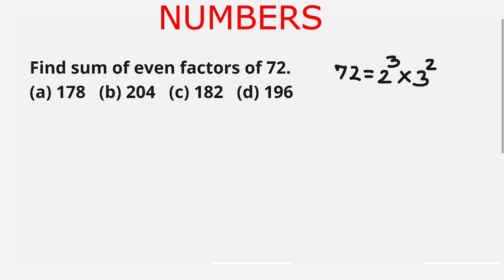So we take 2 common and the remaining factors are 2 to the power 2 multiplied by 3 to the power 2. Now we find the sum of the factors of 2 to the power 2 and 3 to the power 2, and multiply by 2. So that sum will be 2 multiplied by the sum for 2 to the power 2.